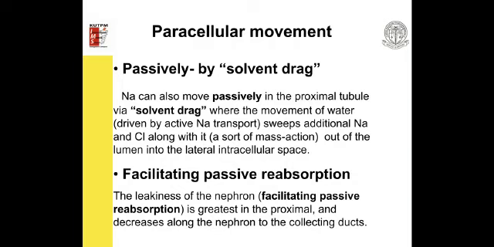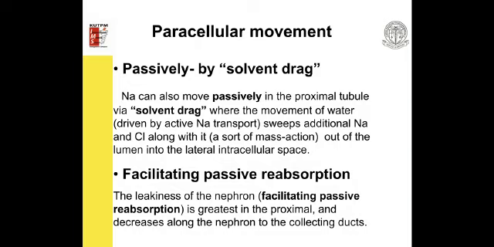Sodium can also move passively into the proximal convoluted tubule via solvent drag, where the movement of water driven by sodium transport sweeps additional sodium and chloride along with it, mainly due to a sort of mass action from the lumen into the lateral intercellular space.